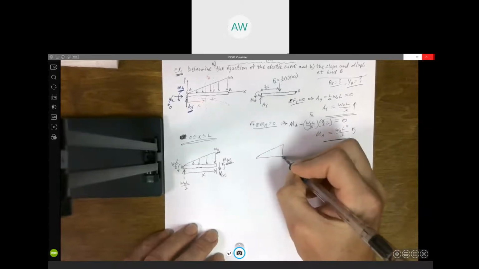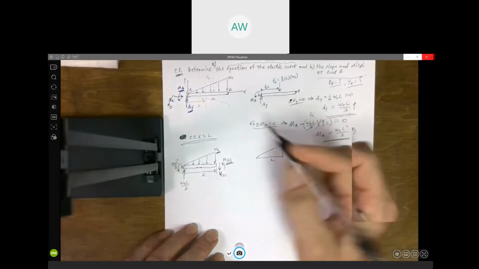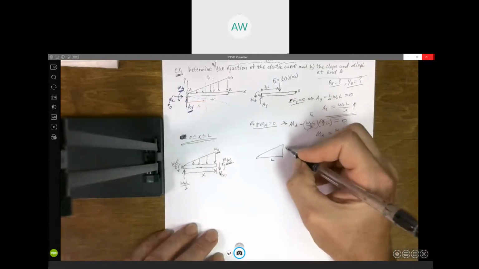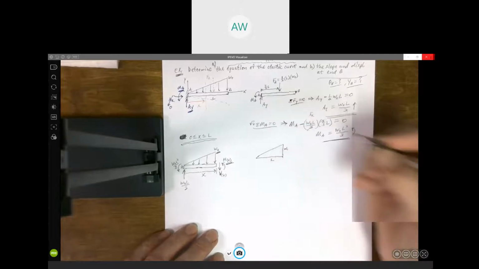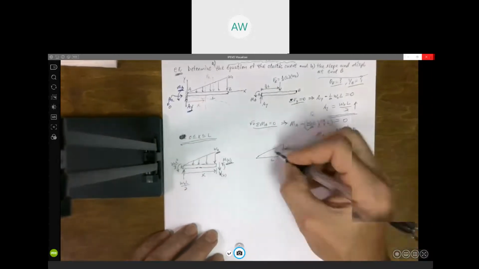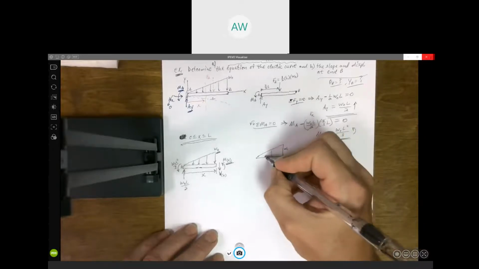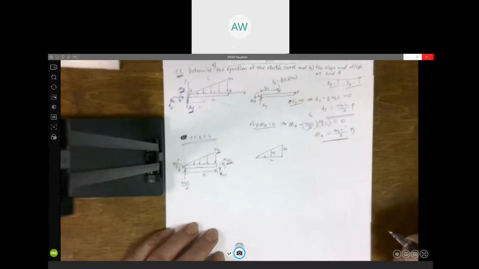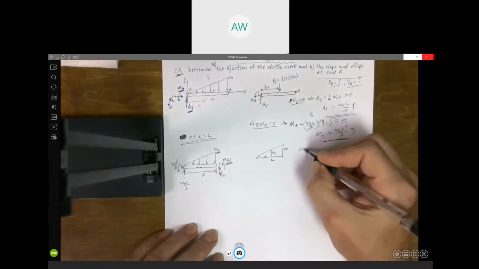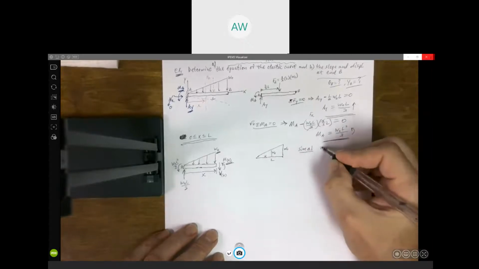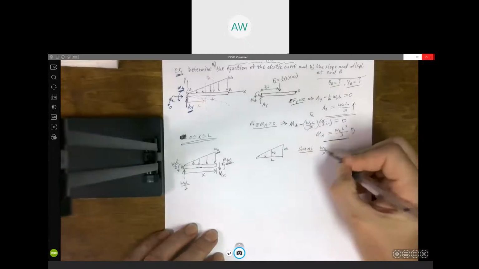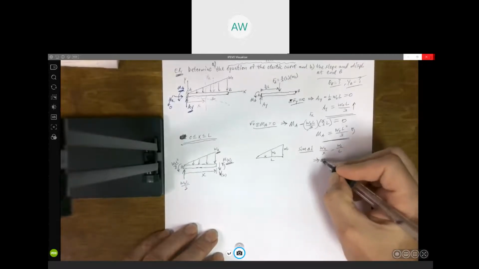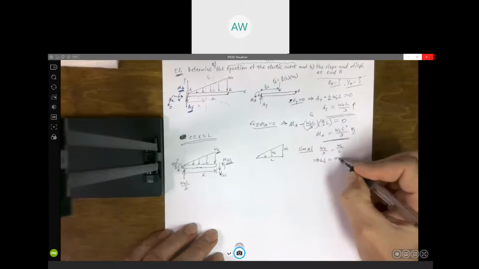And so if we look at the big triangle, the length of the whole beam is L, and if that's the case, again, this side would be W naught. What I want to know is if I come out here some distance X, what's the height at that location? And again, this is just similar triangles. Wx is to X, as W naught is to L, and solve for Wx. And that's W naught X over L.